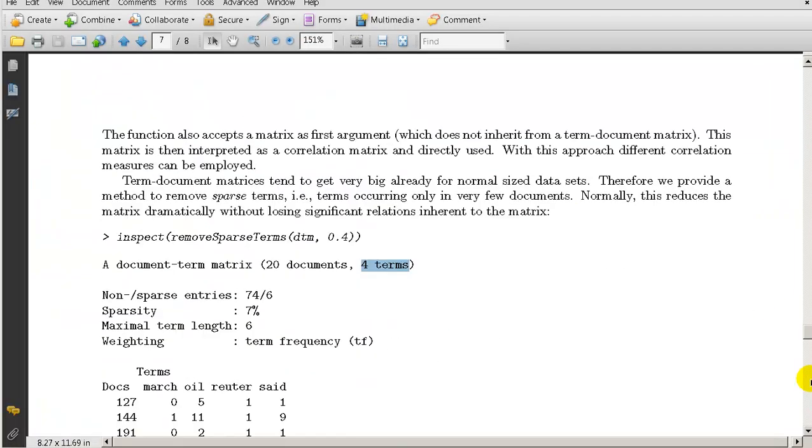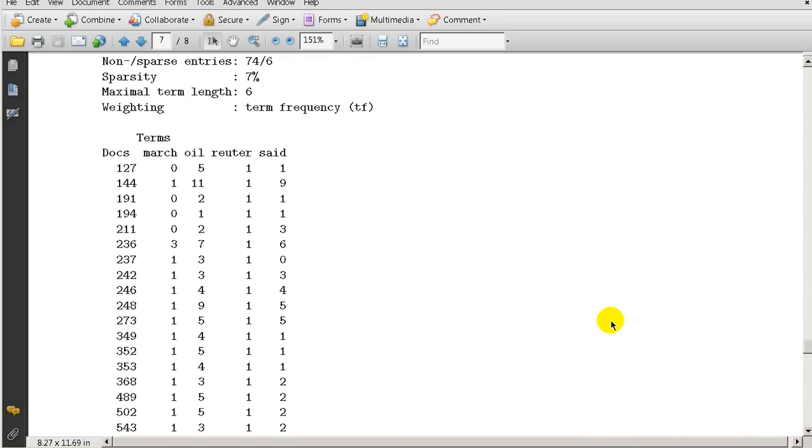4 terms, 4 columns. So the only words that occurred in at least 40% of the documents were these 4 words. And here we see the frequencies. So this word, oil, occurred in document 127 5 times, and in document 144 11 times.